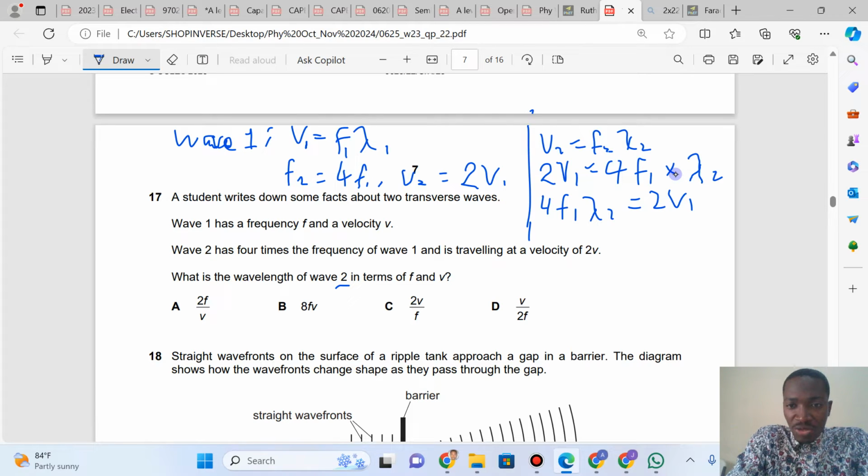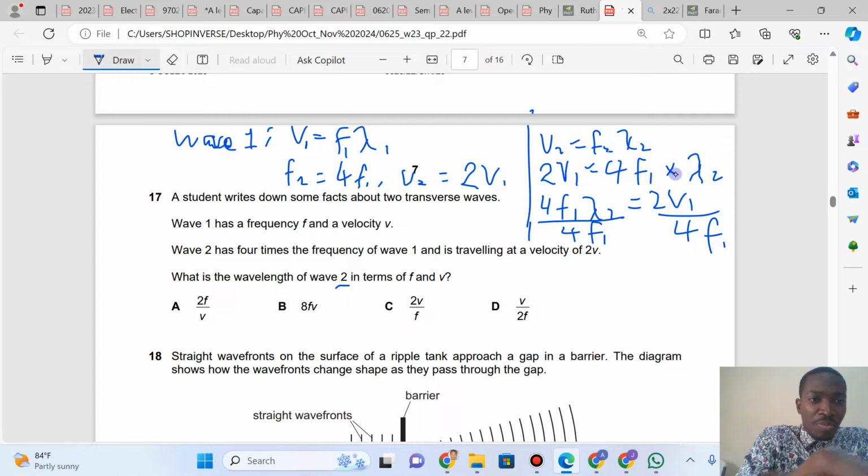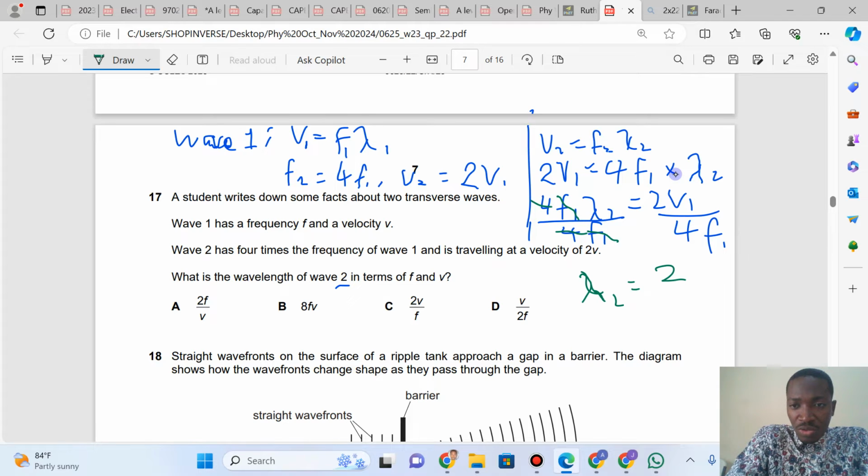So to find lambda 2, we just divide both sides by 4F1. What happens? F1 cancels F1. 4 cancels with 2 to leave 2. So you'll be left with lambda 2, the wavelength of wave 2, equals V1 over 2F1.